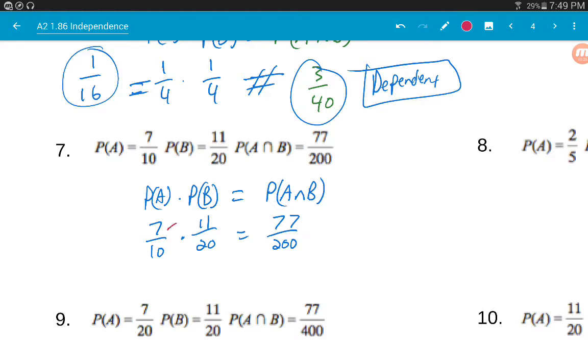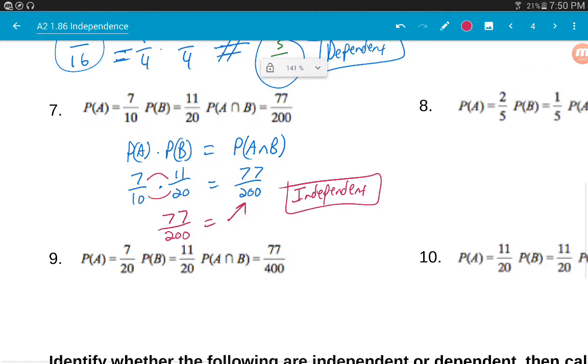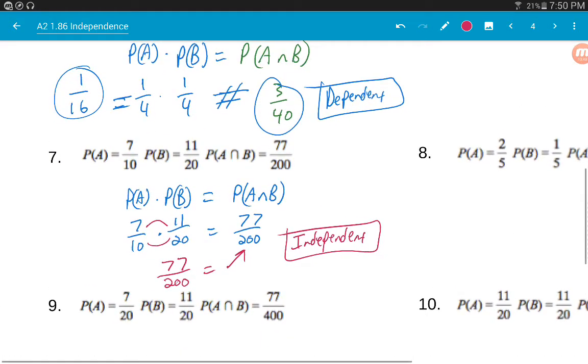When I multiply these, top times top is 77, bottom times bottom is 200, and these are actually equal. So that means that they are independent. Try a few in that section if you're feeling good about it, or if you're feeling rusty, I think that you should back up a second and rewatch that and then try a few. Let's move on to the next section.